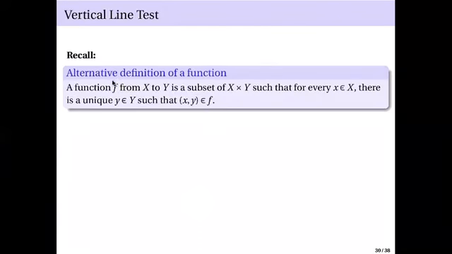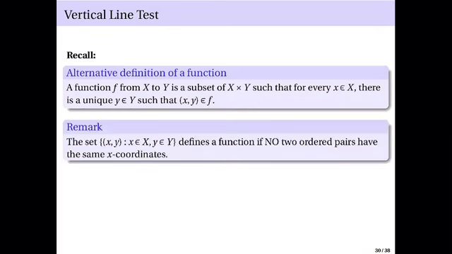Now, we recall the alternative definition for the function. Of course, if you have a function f from X to Y, it is also a subset of X cross Y such that for every x inside X, there is a unique y in Y such that x comma y is in the function. So this is just a recall. Okay? With this definition, we have the following remark.